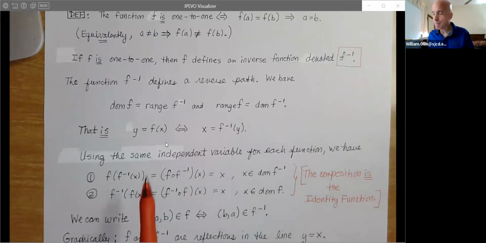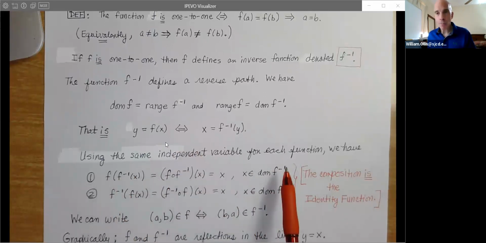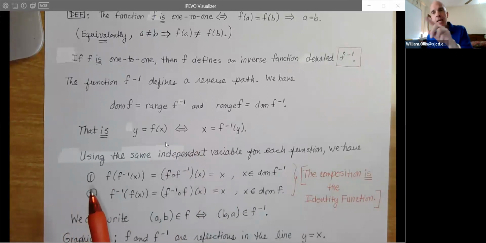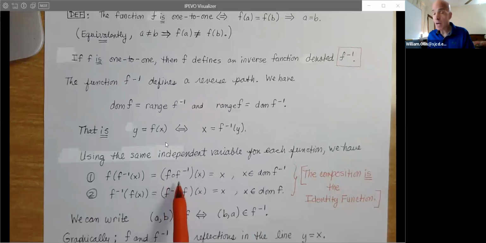So, for instance, if we use the same independent variable for each function, we can actually define inverse equations this way. And what it means is that if the inverse function is the reverse path, it undoes f. So, thinking this way first, if we compose f with its inverse and apply it, in this case, to an element in the domain of f inverse, we go right back to it.